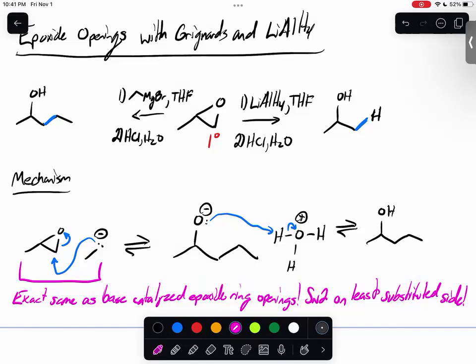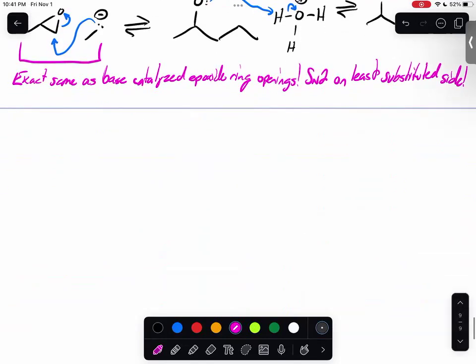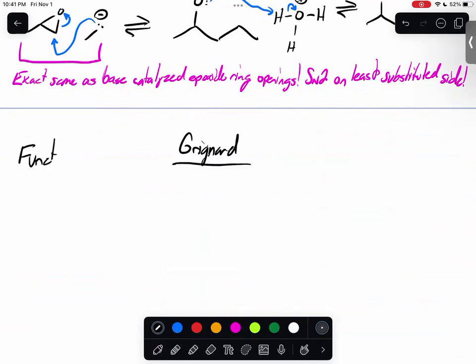So with that being said, when we look at Grignard reagents, I do also want to give a table here. That way, everyone is comfortable with it. For our Grignards, essentially, if we take a functional group and we react it with a Grignard, what are we going to see?